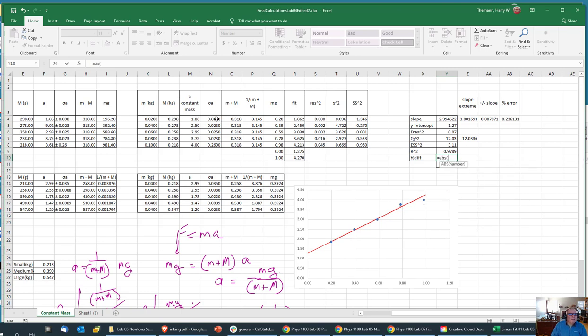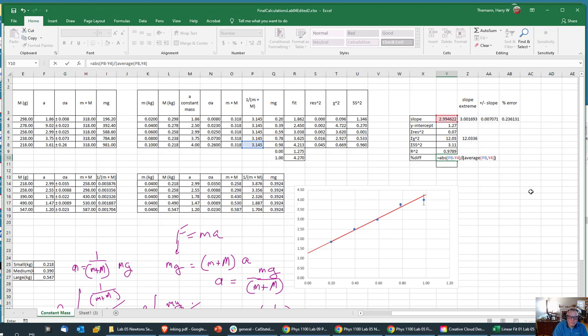ABS, the expected value minus the actual value, and then divided by the average of the two, which is AVERAGE of this, comma, this, and then the whole mass.